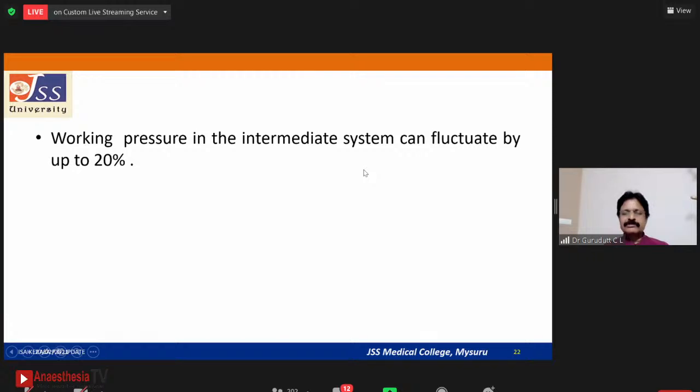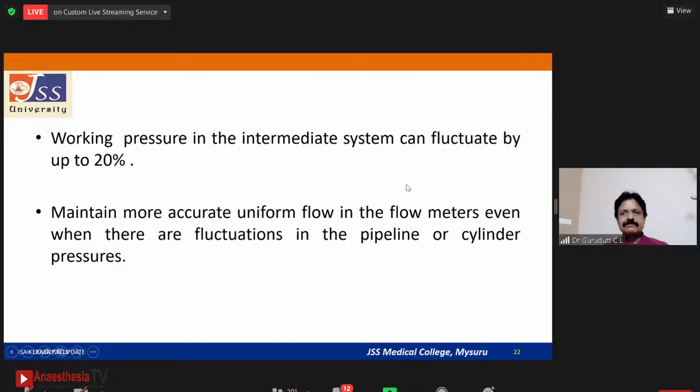Because flow entirely depends on the pressure, naturally there can be some alteration of the flows. So the flows will not be very accurate. With these second stage pressure regulators, because the pressure is further reduced, oxygen to 14 psi and nitrous oxide to 26 to 29 psig, even though there are some fluctuations, the flow into the flow meters will be very accurate. So that is one thing.